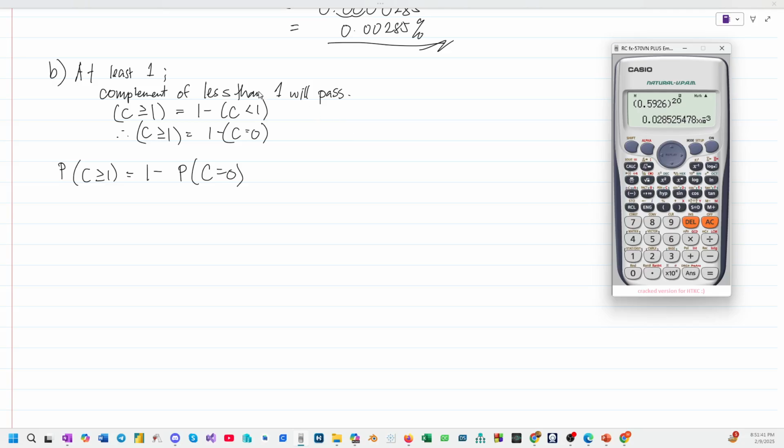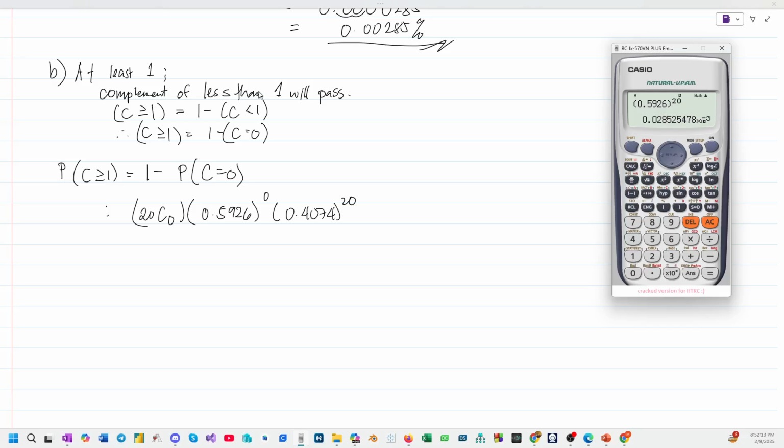Alright, so if C is equals to 0, then using the formula, you can say that 20 combination of 0 times 0.5926, diba, raised to 0, correct, and times 0.4074 raised to 20.